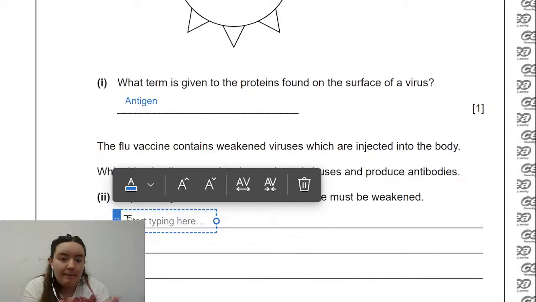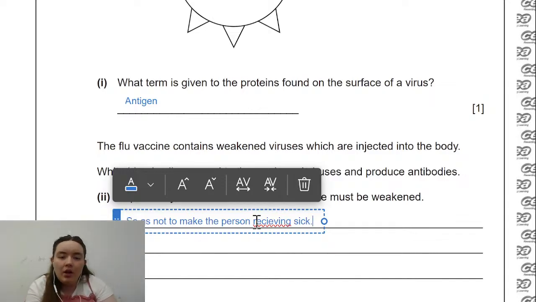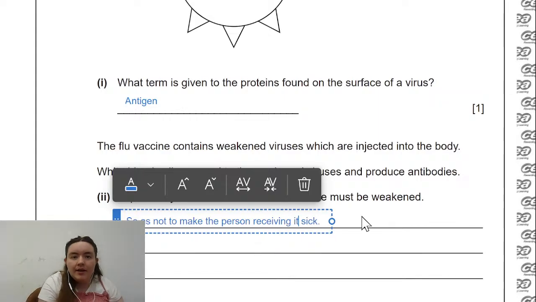So basically, we give a weakened version of the virus so as not to make the person receiving it sick. The thing is, that's not a lot of information.